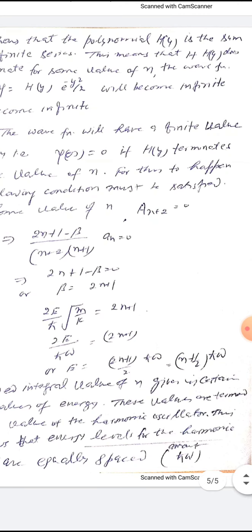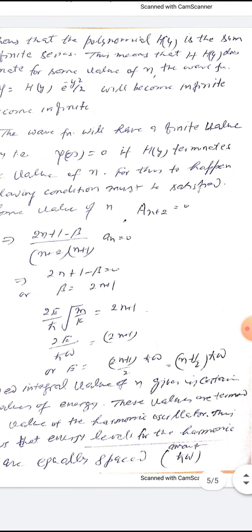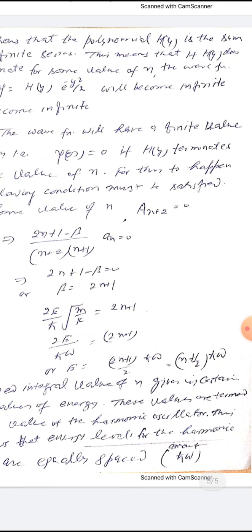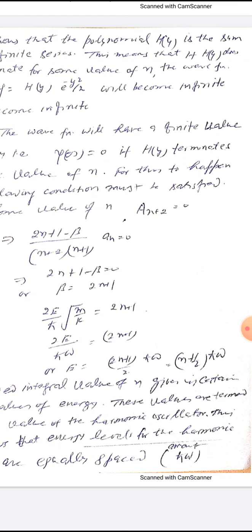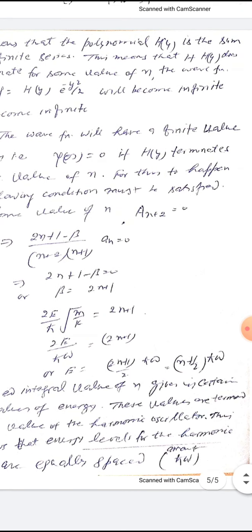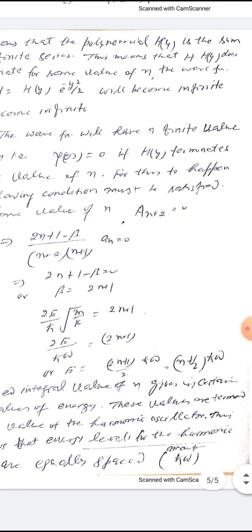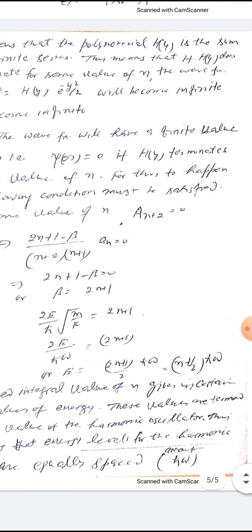So H(y) must terminate at some value of n. For this to happen, the following condition must be satisfied for some value of n: (2n+1−β)/((n+1)(n+2)) a_n equals 0, or 2n+1−β equals 0. It gives β equals 2n+1.